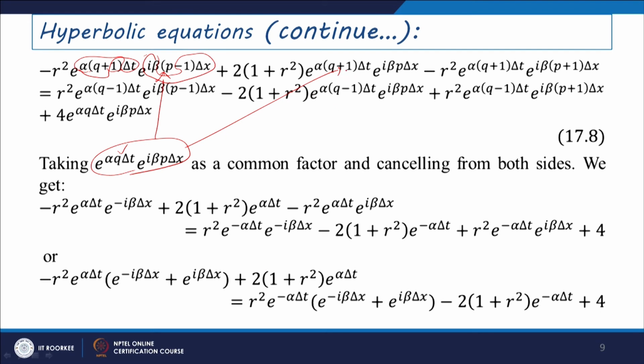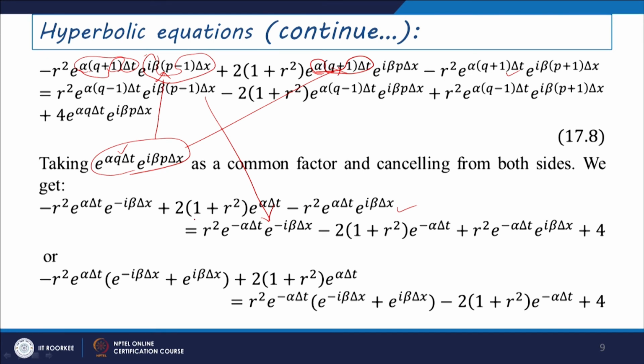Similarly, e to the power alpha del t just remains over there, and e to the power minus i beta delta x minus 2 into (1 plus r square), and minus r square e to the power alpha del t e to the power i beta delta x, from this term here. All other terms follow in the same manner to get the compact form, as we considered in the earlier example.